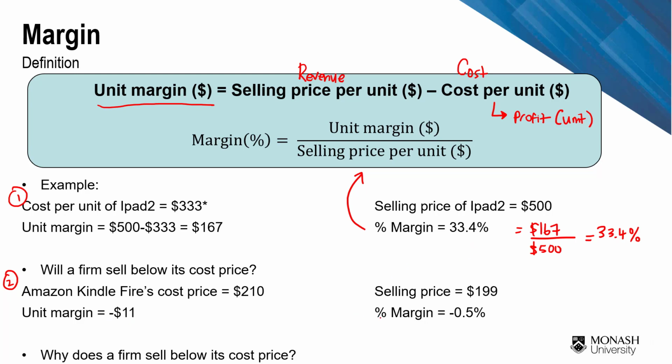Now, what is the margin for that? The margin here is going to be negative, because now you are selling at a much lower rate than your costs. Therefore, you are actually incurring a loss.